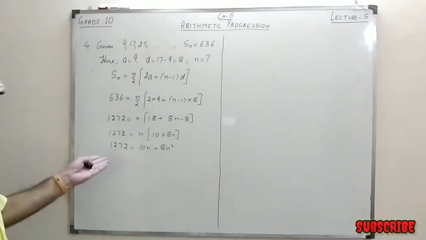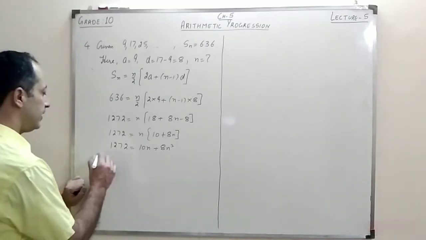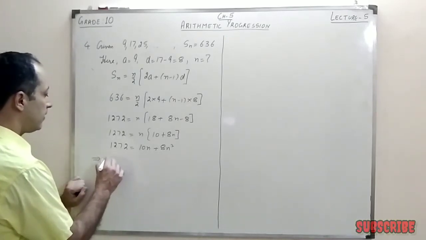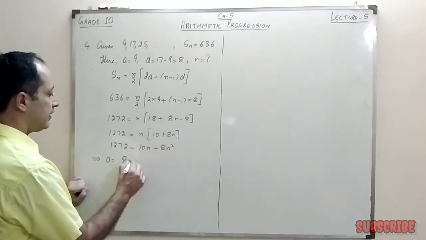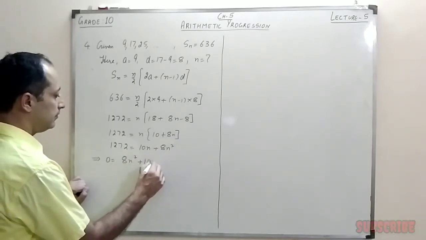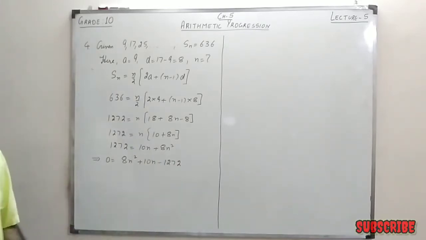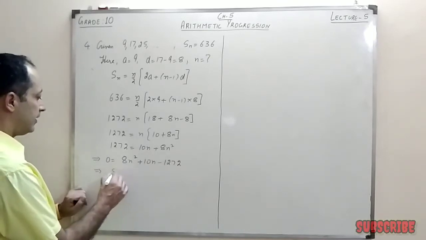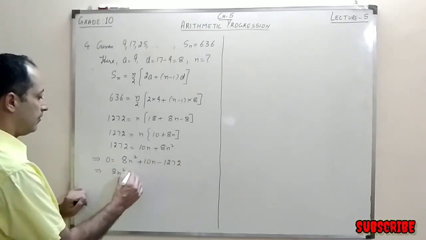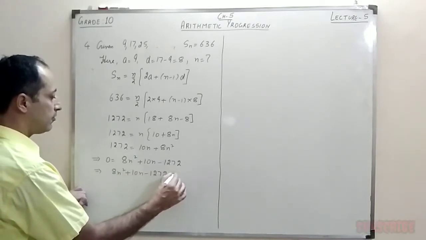Now it forms a quadratic equation. We shift 1272 to the right side and rearrange in standard form. We can write this as 8n squared plus 10n minus 1272 equals 0.